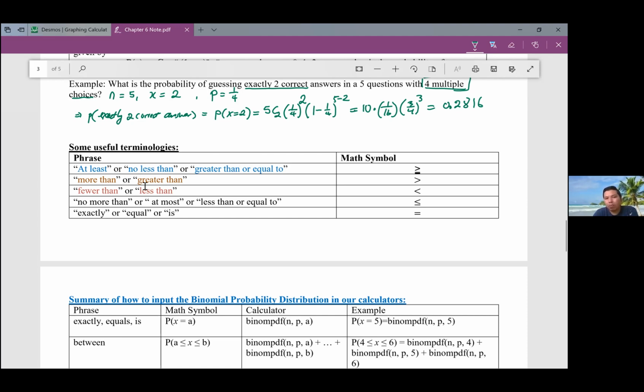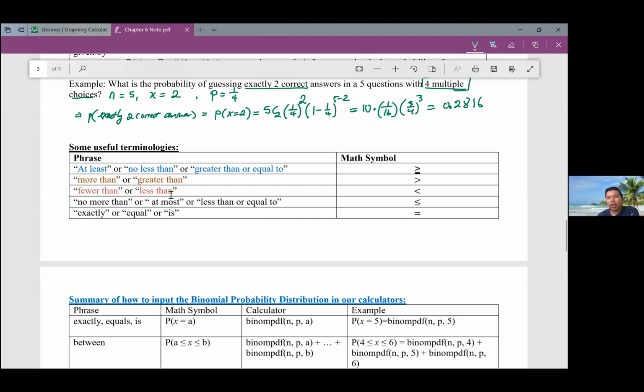But when you see no more than, or at most, or less than or equal, it means that you need to include the equal sign, okay? And exactly, or equal, is always represented as the equal sign, right? So those are the translations from the English phrase into the math symbol, right? So when you do your homework or the exam, just pay attention to those translations, because binomial only takes equal, or less than or equal.